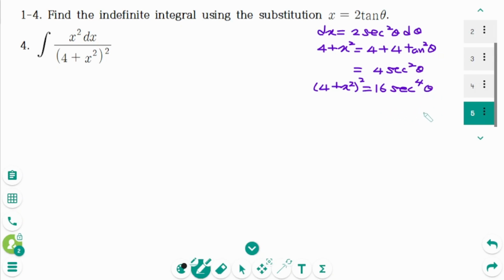We already know everything here. Now let's put them all together.